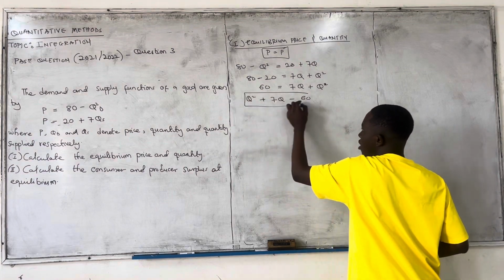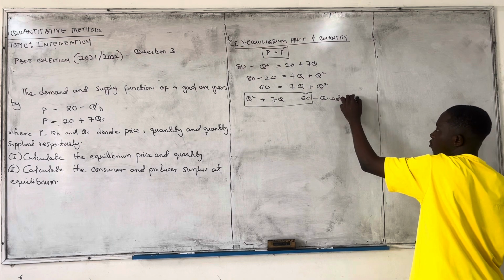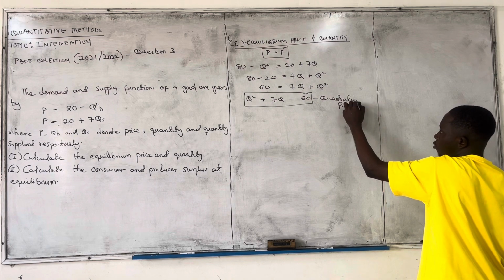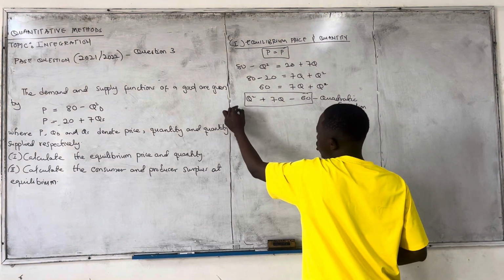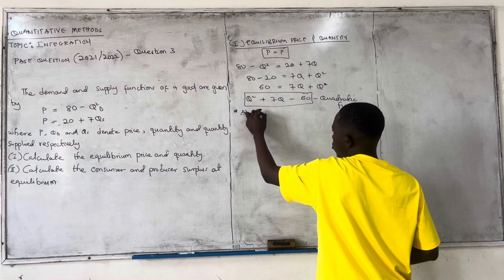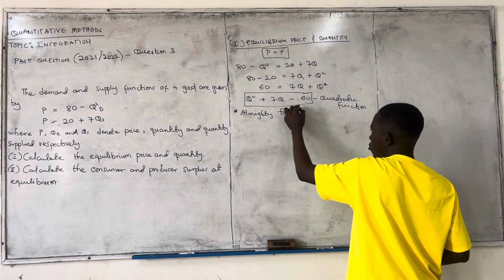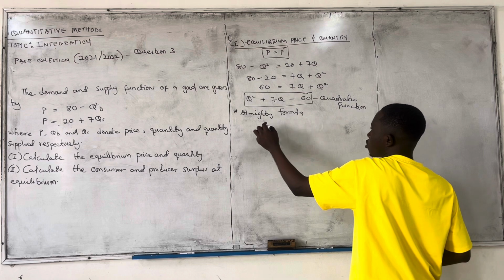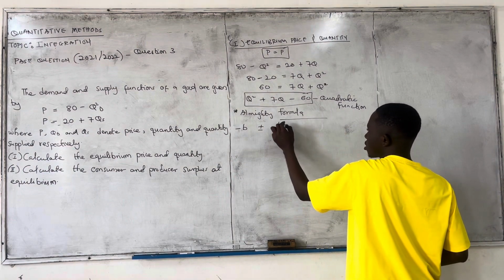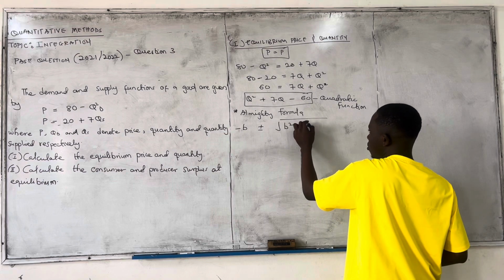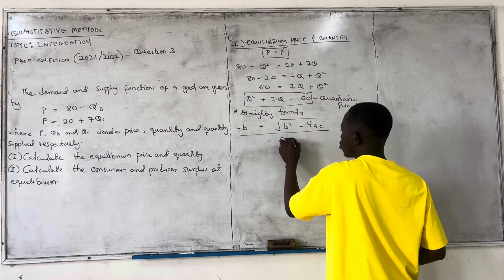So what we are having here is a quadratic function. You can either use the factorization method or the almighty formula. So I'm using the almighty formula. With the almighty formula, we have minus b plus or minus the square root of b squared minus 4ac, all divided by 2a.